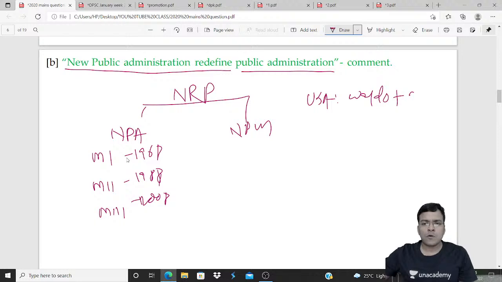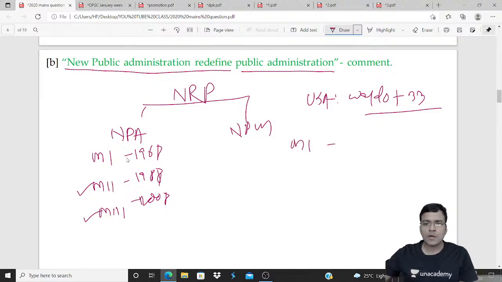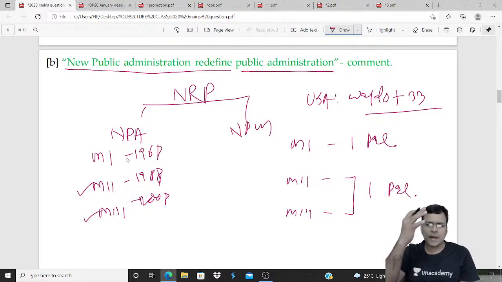Waldo, Waldo's 33 scholars, just shortly, because we have to write both Minnowbrook 2 and Minnowbrook 3 in half a page. That is a challenge. You write Minnowbrook 1 in 1 page, Minnowbrook 2 and Minnowbrook 3 combined in 1 page, and write about all theorists.